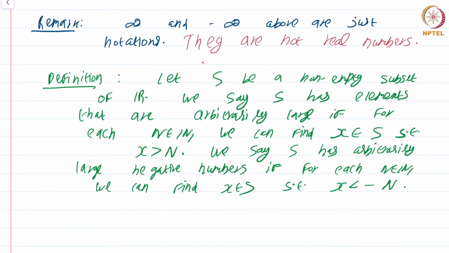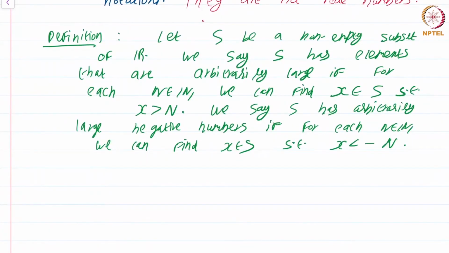Okay, so you can find elements that are as large as you desire but negative. So these are very nice formalizations of the intuitive notion of a set being arbitrarily large and arbitrarily small.